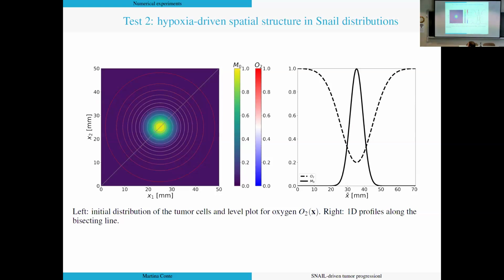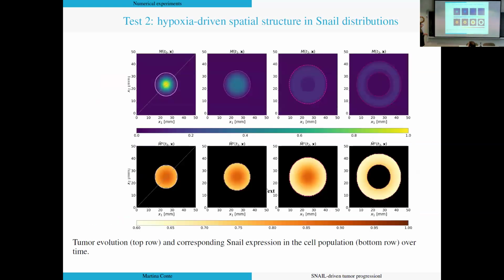If we let the model evolve just the way it is, without touching anything else, what we get for the tumor cells, here at the top row, is that since cells are moving towards the oxygen and they try to avoid crowded areas, the two mechanisms work together and they spread around the domain, far away from the center, and these ring structures start to emerge as we would expect.